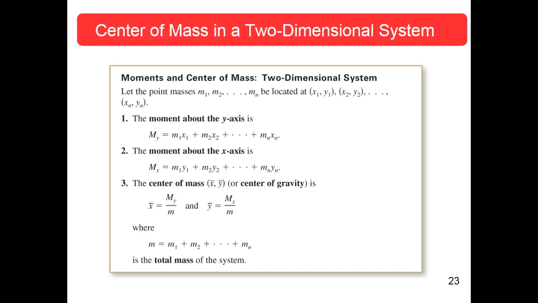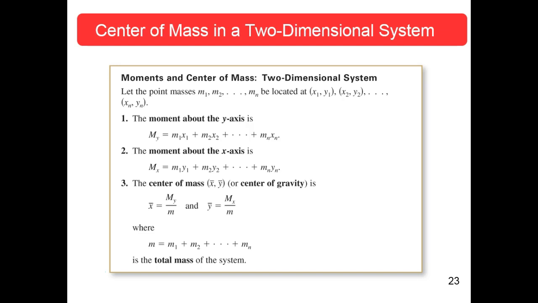Doesn't matter where it is this way, the distance from the y-axis is your x sub 1, x sub 2. So the M sub y, the moment about the y-axis, is the sum of your moments from the y-axis: m sub 1 times x sub 1 plus m sub 2 times x sub 2 up to m sub n times x sub n. Remember, the m's are always positive, but the x's can be either positive or negative.